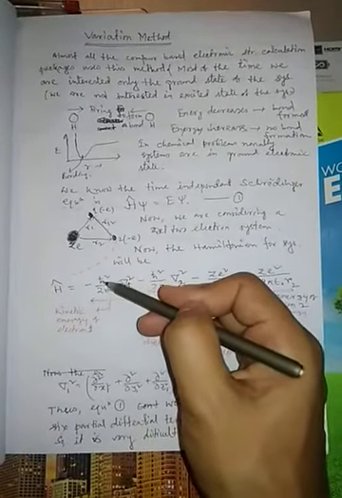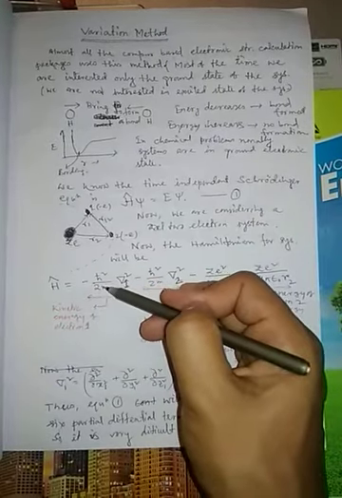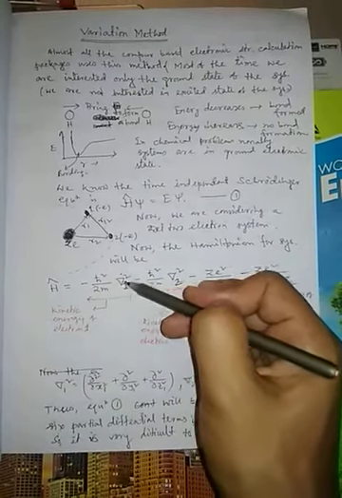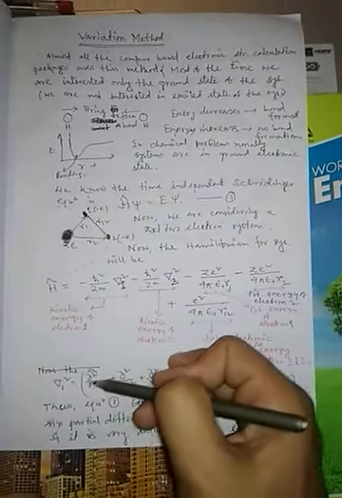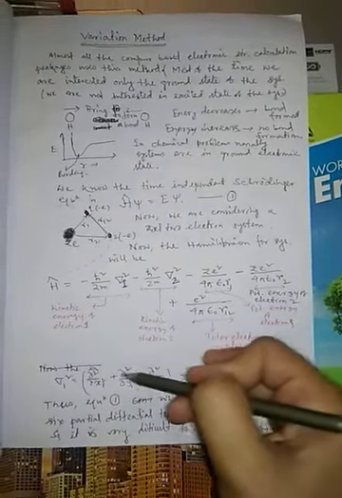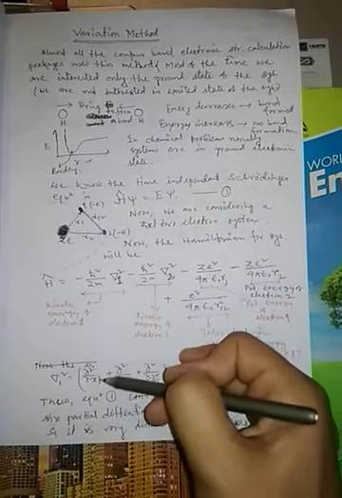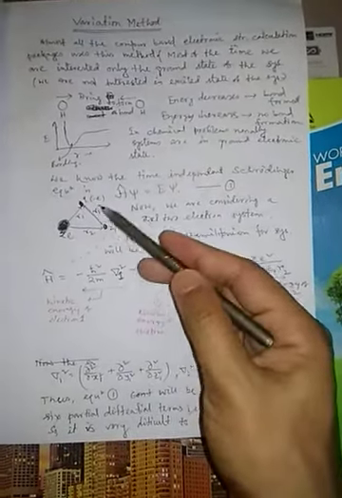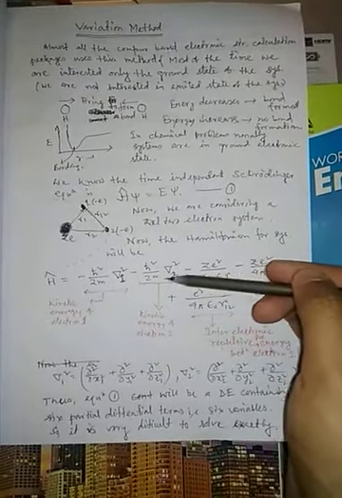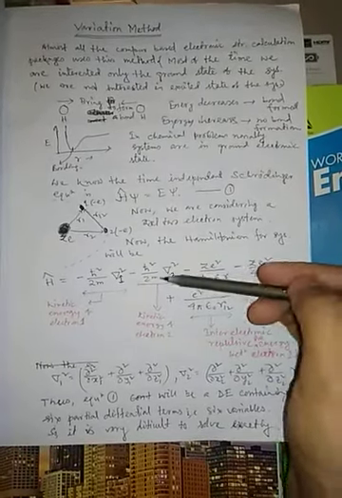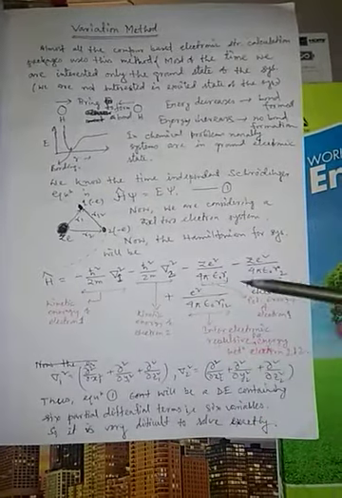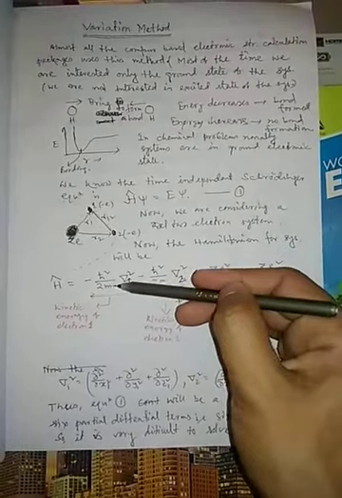Now we are considering only minus h cross square by 2m del 1 square, that is the Laplacian operator for the first electron, which contains the differential terms with the three coordinates of electron 1. Similarly, for the second electron, minus h cross square by 2m del 2 square. These are the two kinetic energy terms for electron 1 and electron 2.